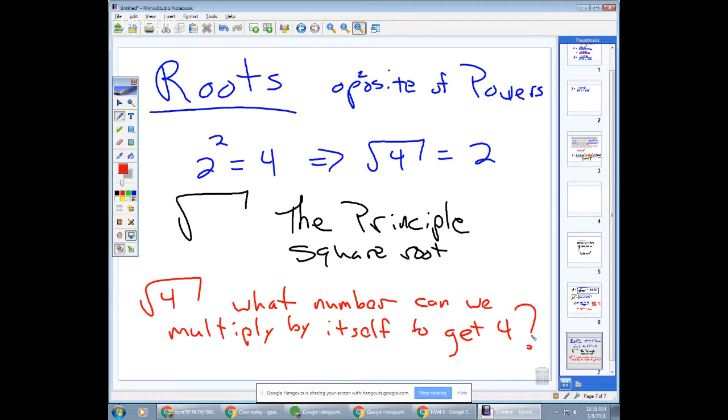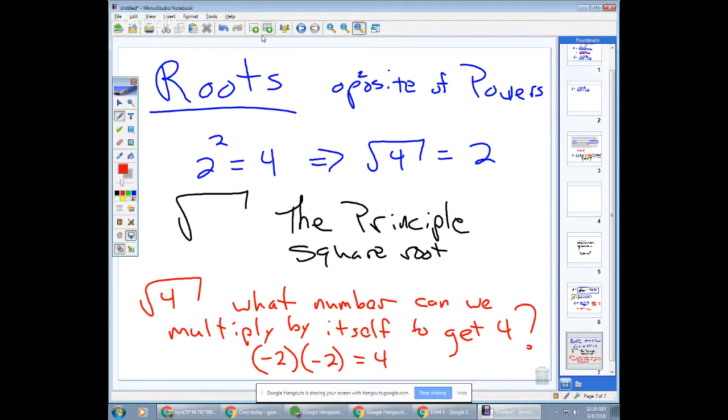And certainly 2 answers that question. Is there another number that answers that question? Yeah. Turns out we can take -2 and multiply it by itself, -2, and that gives us 4. So -2 is another square root of 4.